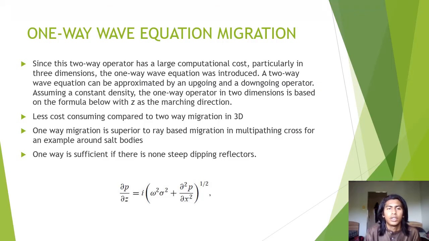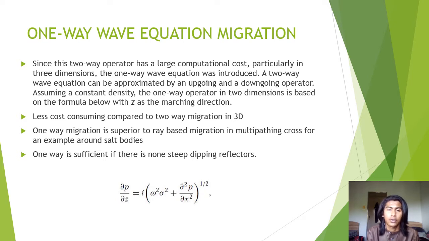For the one-way wave equation migration, since the two-way operator has a large computational cost, particularly in three dimensions, a one-way wave equation was introduced, where the two-way wave equation can be approximated by an outgoing and downgoing operator, assuming a constant density. The one-way operator in two dimensions is based on the formula below, with z as the marching direction.